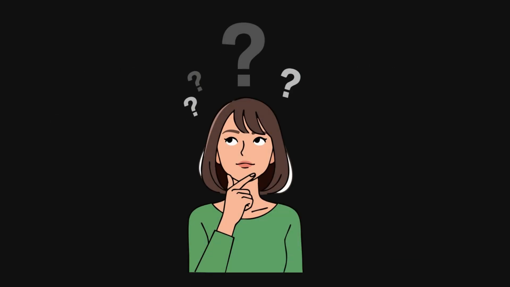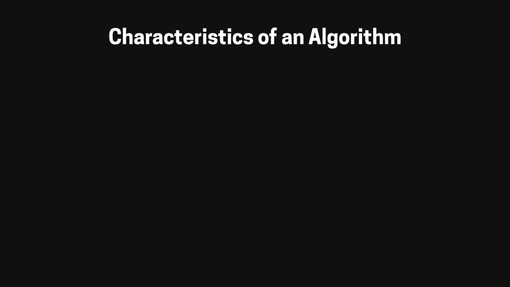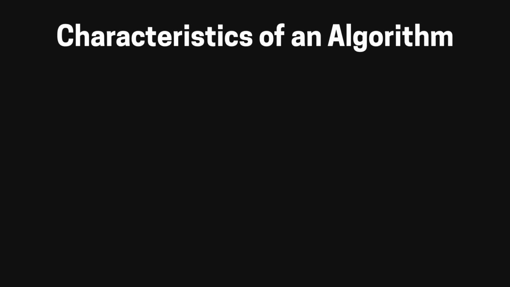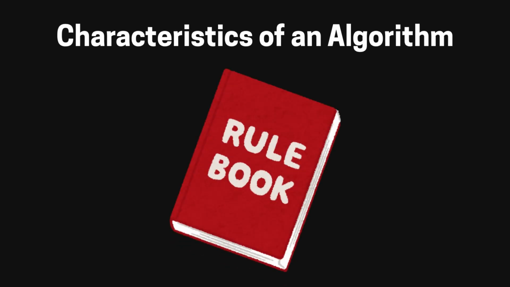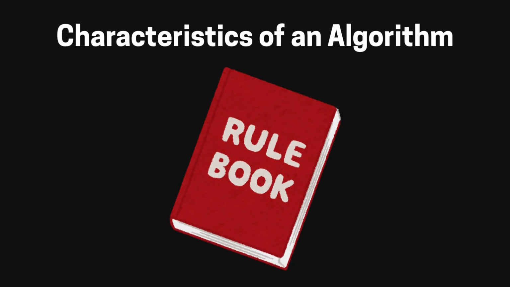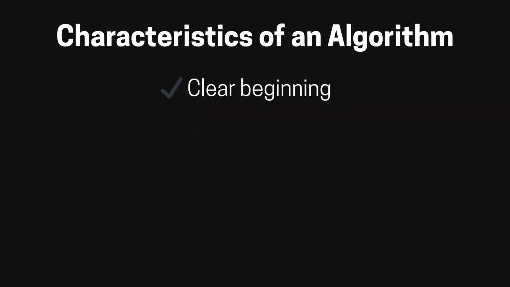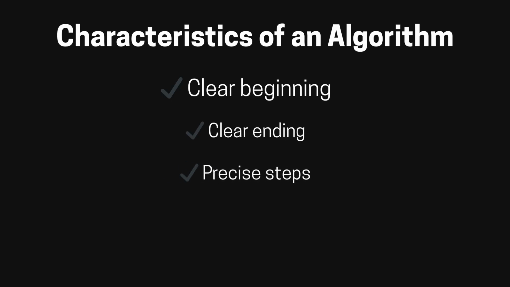Now, let's go deeper. For something to qualify as an algorithm, it must follow certain rules. First, it must have a clear beginning. Second, it must have a clear ending. Third, every step must be precise and unambiguous. Fourth, it must solve a specific problem.